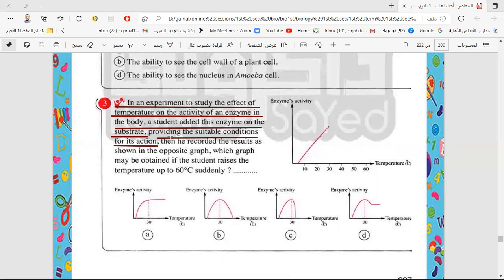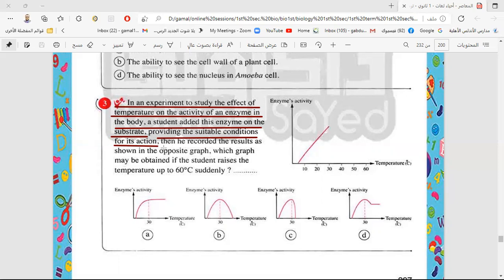Remember, there is an optimal temperature at which the enzyme works perfectly. After the temperature rises over the optimal temperature, the shape of the enzyme is destroyed and its activity decreases until it stops completely. You know this?